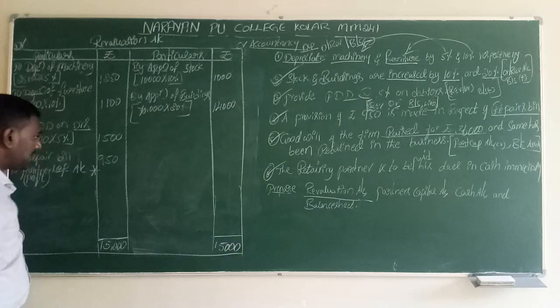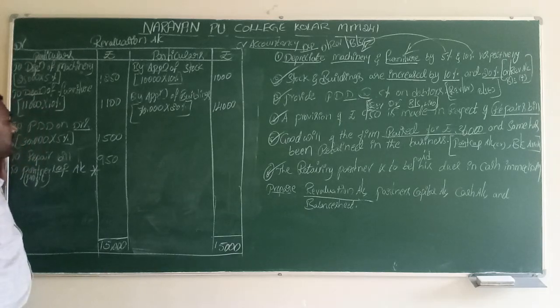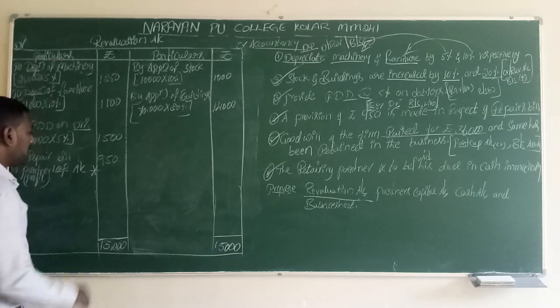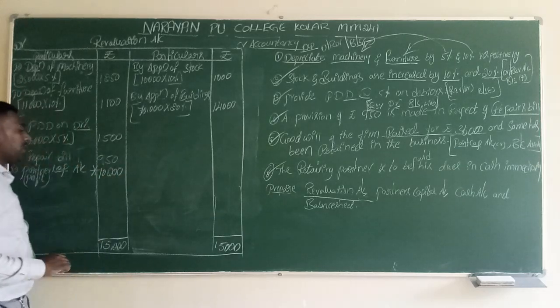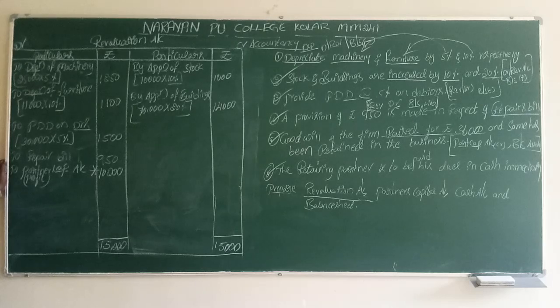Out of 15,000 minus 950 minus 1,500 minus 1,100 minus 1,250, finally we get 10,200 rupees as the profit in the present year from the revaluation of the assets as well as the liabilities. Here there is no liability, only assets are given. So for that we will get a profit of rupees 10,200.